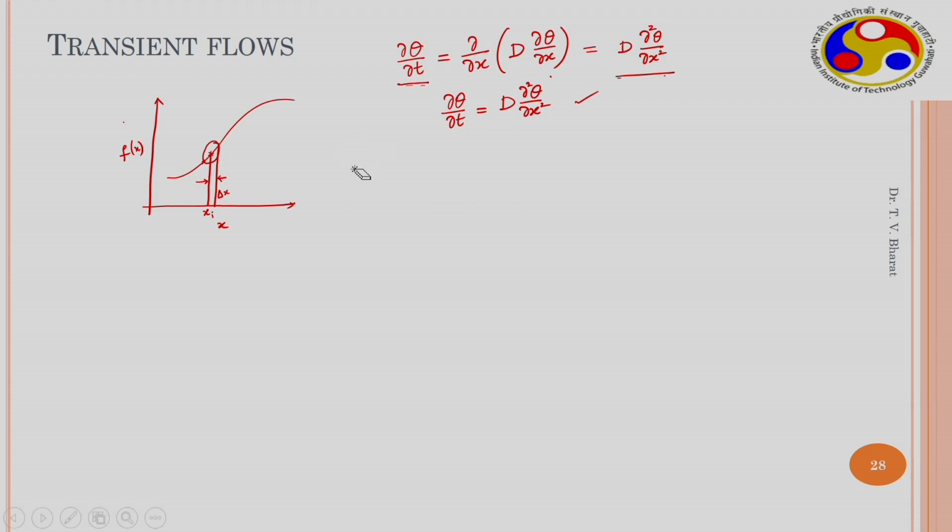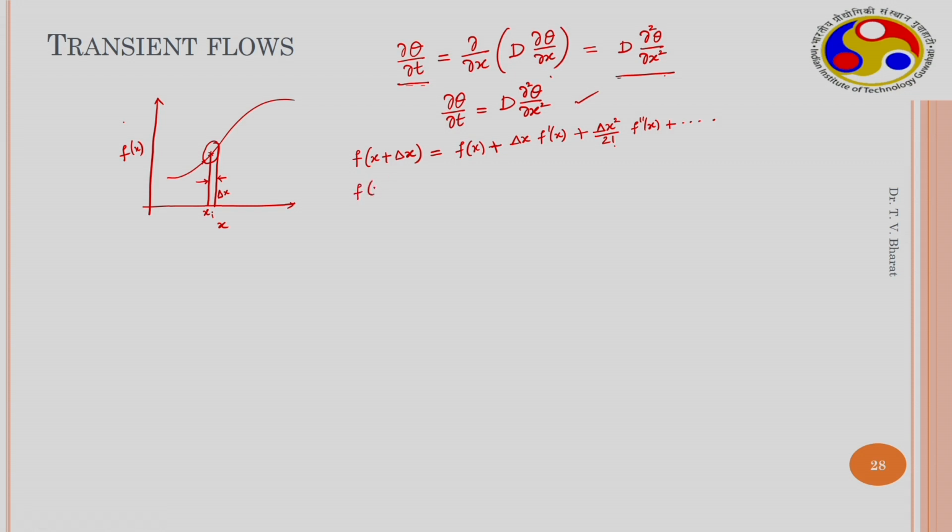So, therefore, I can invoke the Taylor series expansion, that is for f of x plus delta x, this is equal to f of x plus delta x times f dash of x plus delta x square by 2 factorial f double dash of x plus so on and so forth.